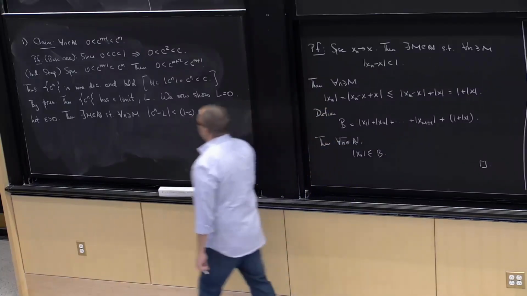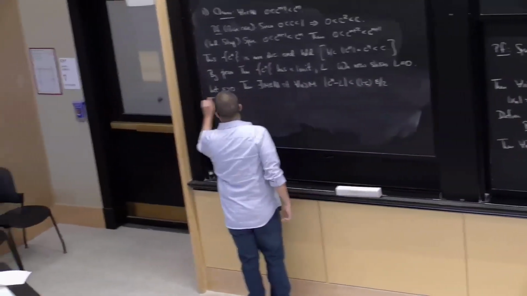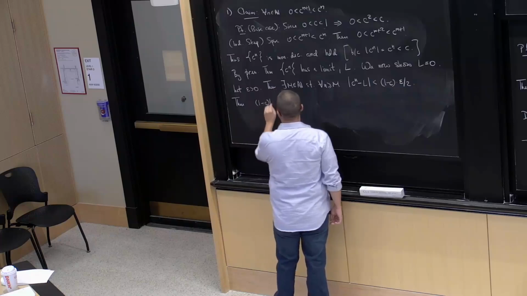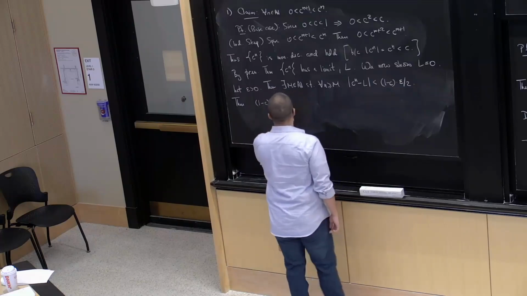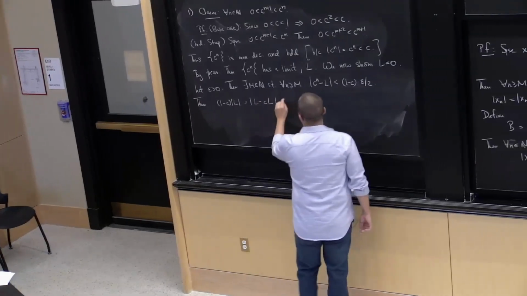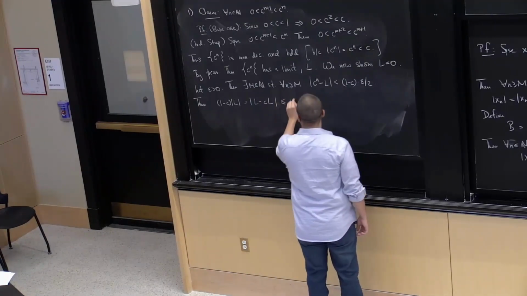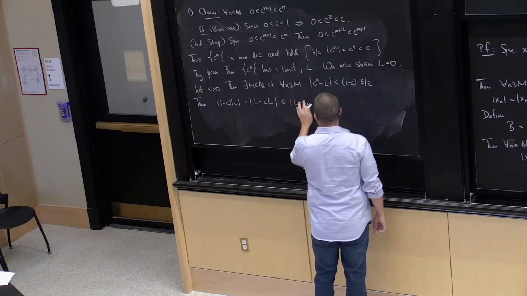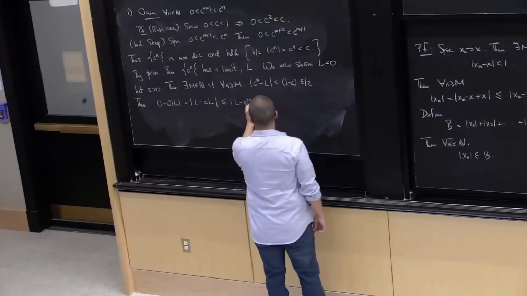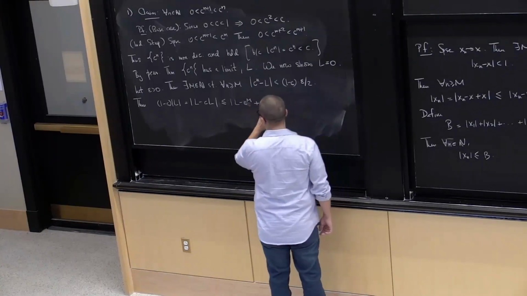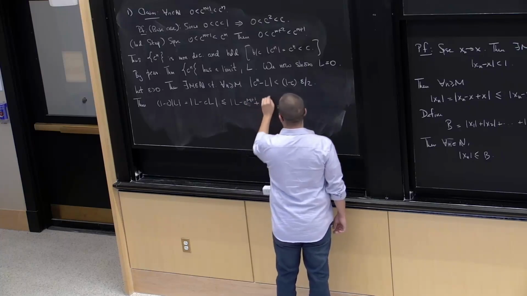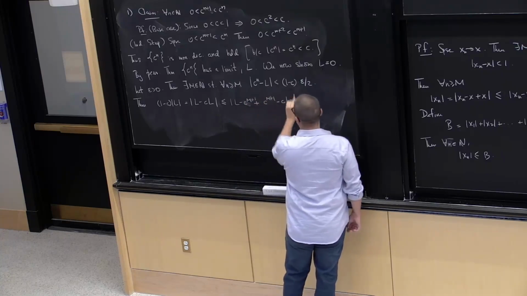So now we compute that if I look at 1 minus c times the absolute value of L, this is equal to the absolute value of L minus c times L. And this is less than or equal to the absolute value of L minus c to the M plus 1, plus c to the M plus 1 minus c times L.